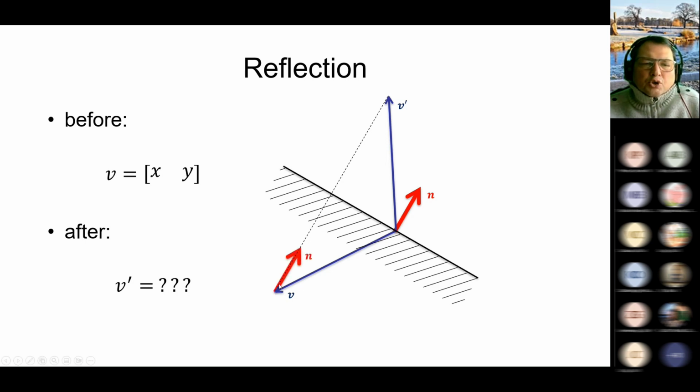I can draw my n vector here, and if you remember anything from dot product, then you should be able to find out this distance here. Okay, you remember in the first test you attempted in December, you had to solve a triangle using vector algebra, and this was using dot products.